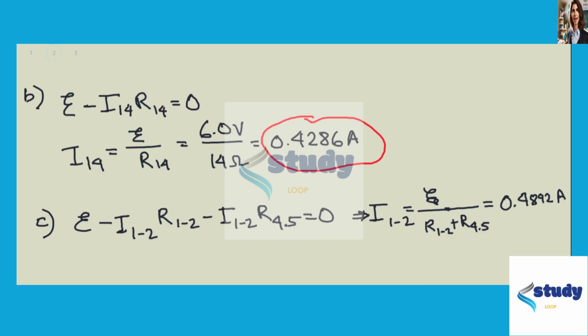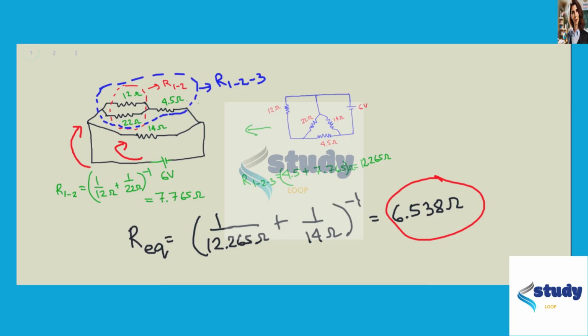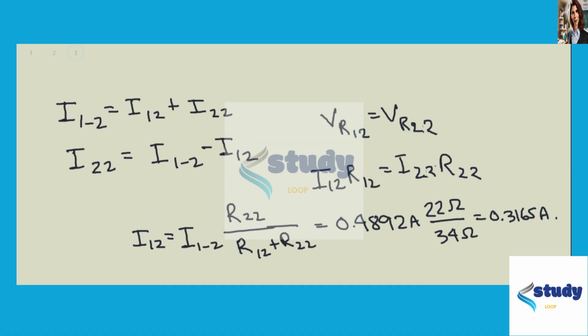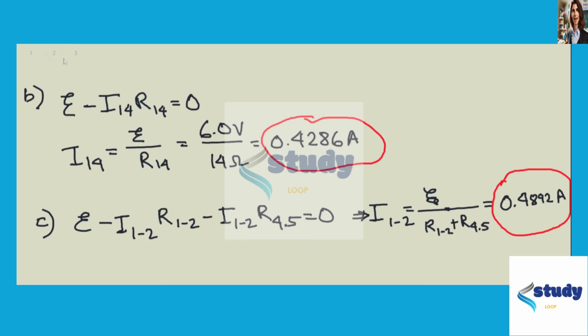If we solve for it, we know all the values, we got those here, and 4.5 is known. So if we plug in the numbers, we get our current as 0.4892 amps. And from there we can solve for I12.